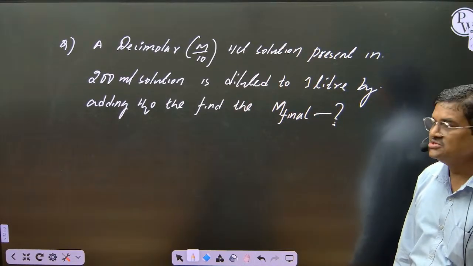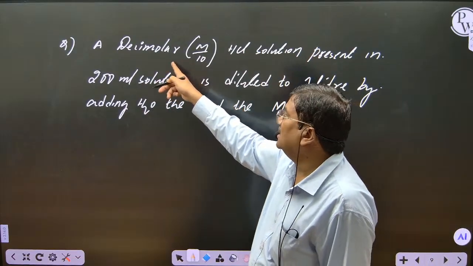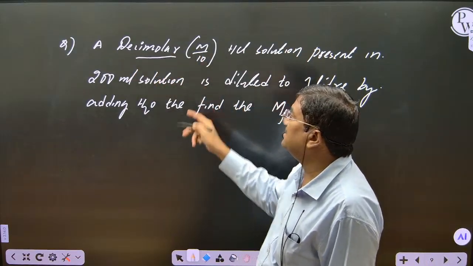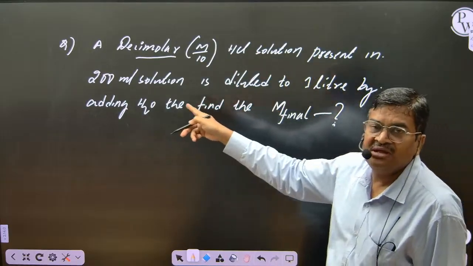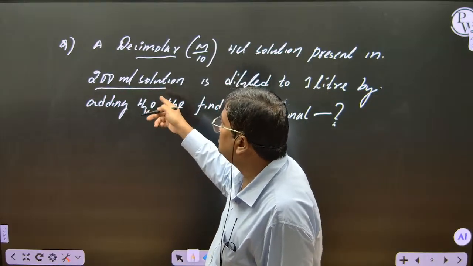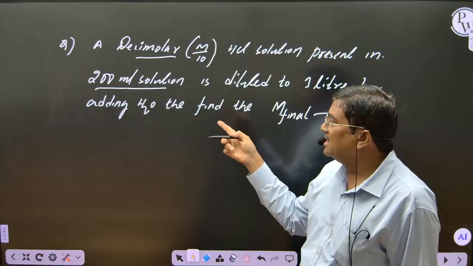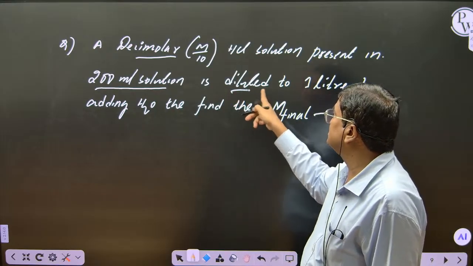Now, question understood. Initially, what is the concentration of HCl? Decimolar. Deci means 0.1 molar. This decimolar is present in how many ml of solution? 200 ml. Now to this 200 ml of decimolar, water is added.